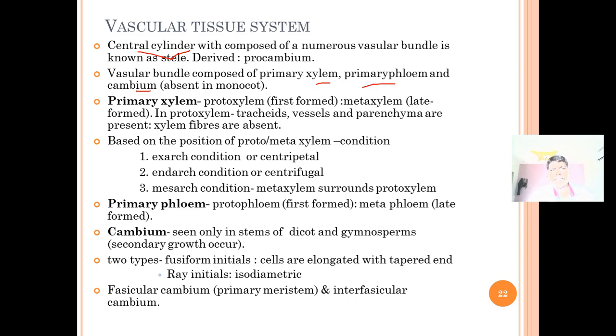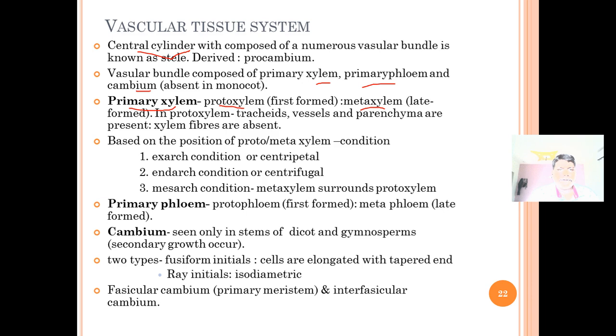All the vascular bundles constitute the vascular tissue system. Primary xylem has two parts: protoxylem and metaxylem. Protoxylem is the first formed one, metaxylem is the late formed one.